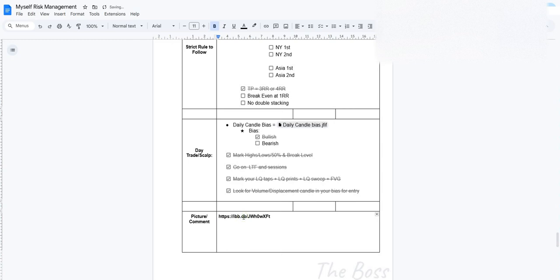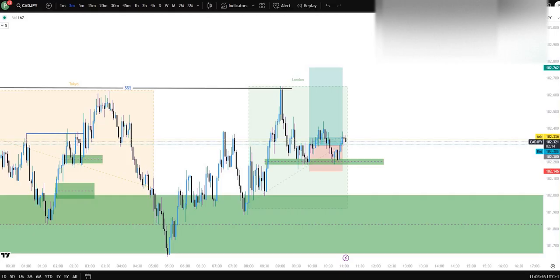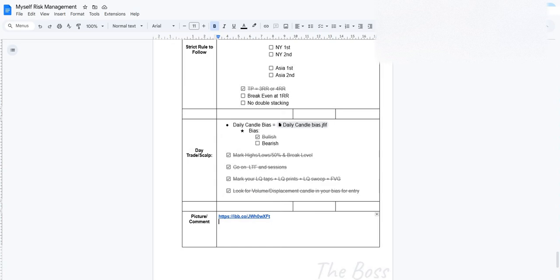So what we've got now: London session is still going, another volume candle, entry.